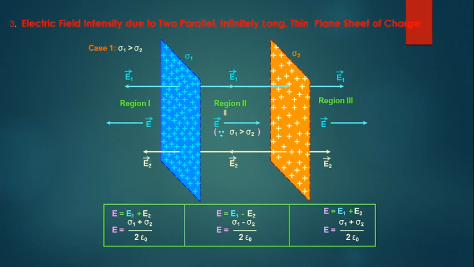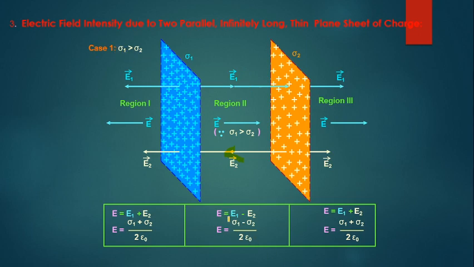In between these two thin sheets, region 2, electric field E1 is along this direction, and electric field E2 due to the second sheet is along this direction. They are in opposite directions, and sigma 1 is greater than sigma 2.